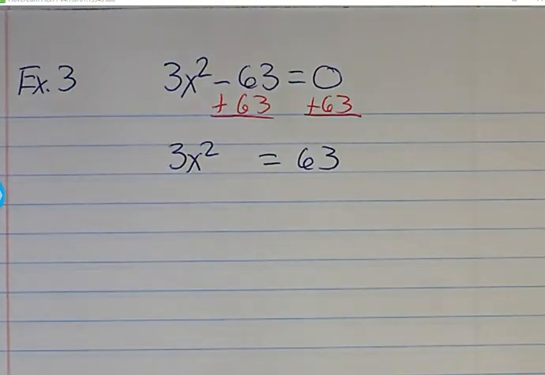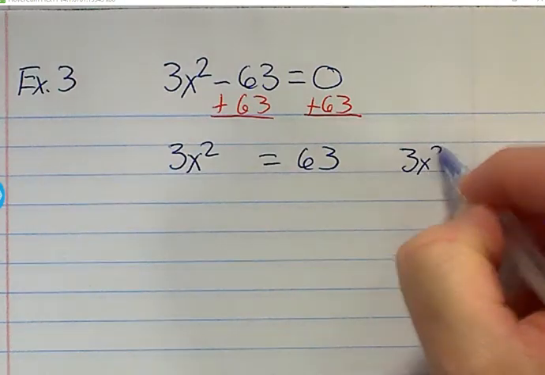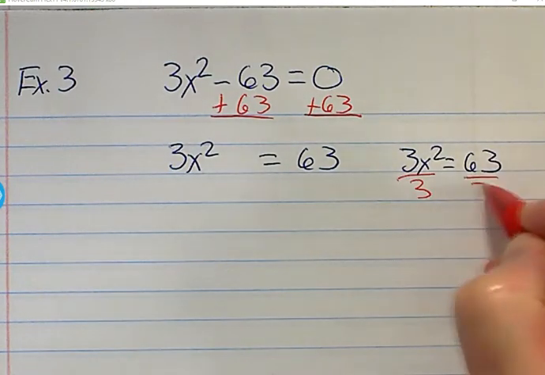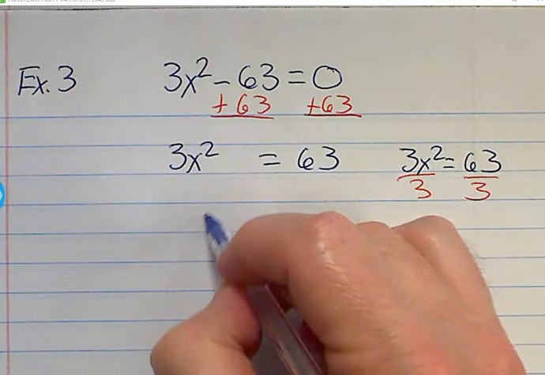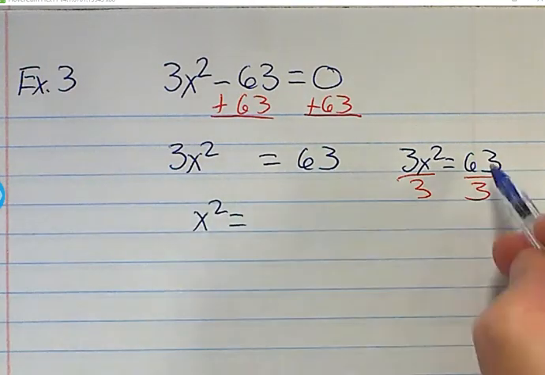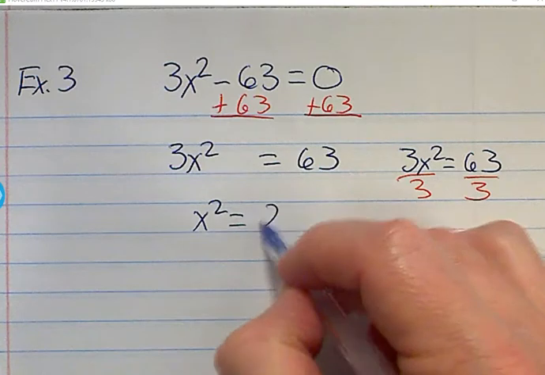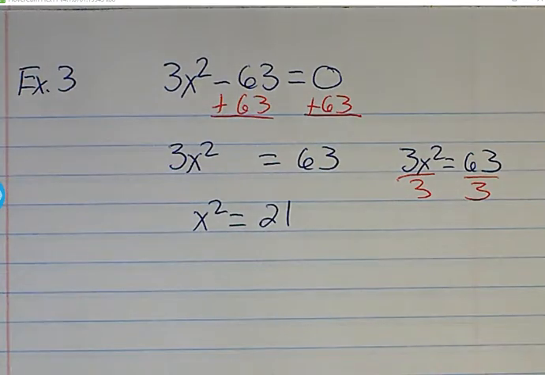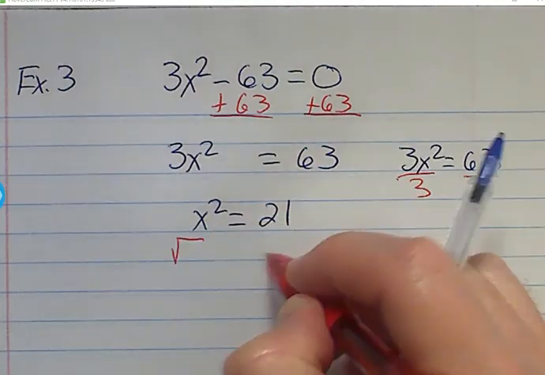Okay, and from there, just got to divide both sides by 3. And doing that to the right-hand side, that's going to get us to 21. And again, now that the x squared is by itself, we're going to square root both sides.